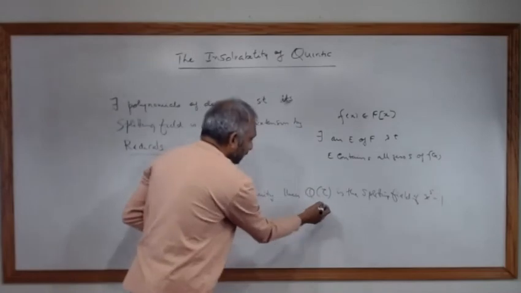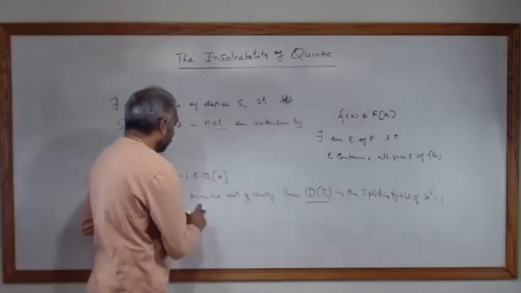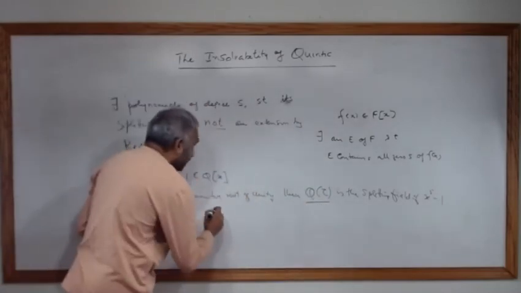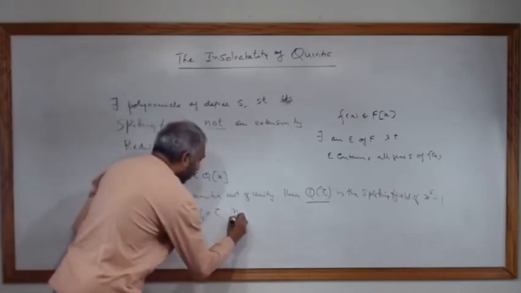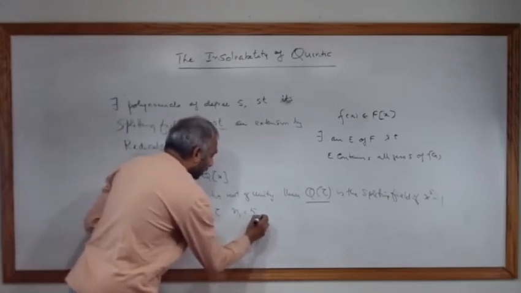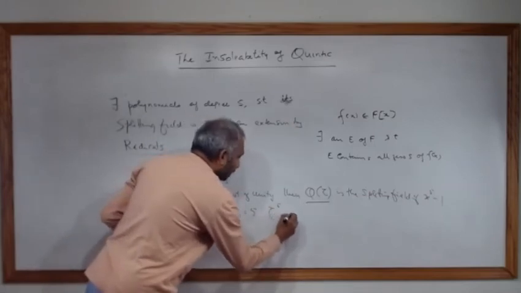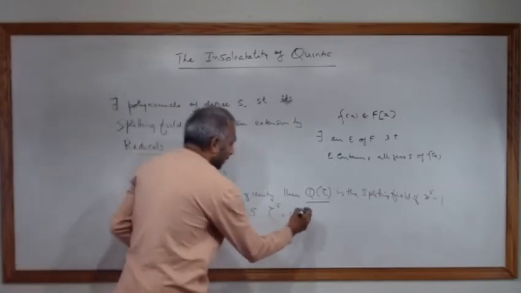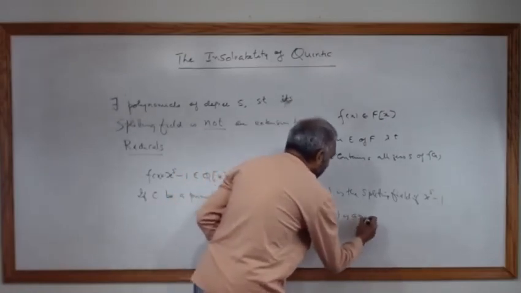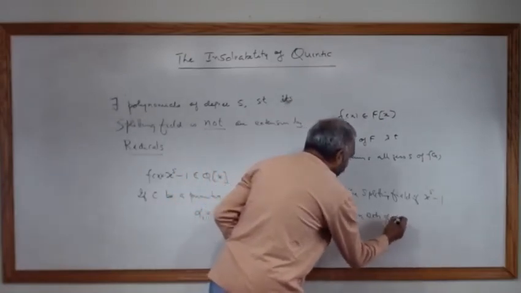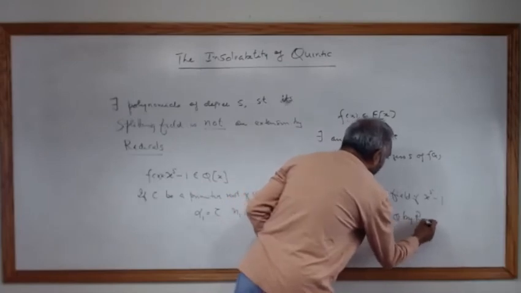And of course, this is an extension of Q by radicals because here alpha 1 is equal to zeta and n1 is equal to 5. Zeta to the power of 5 is equal to 1. That means Q of zeta is an extension of Q by radicals.